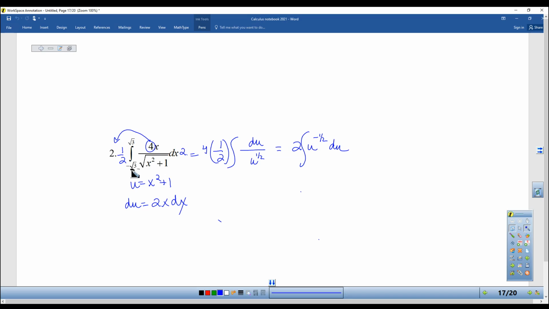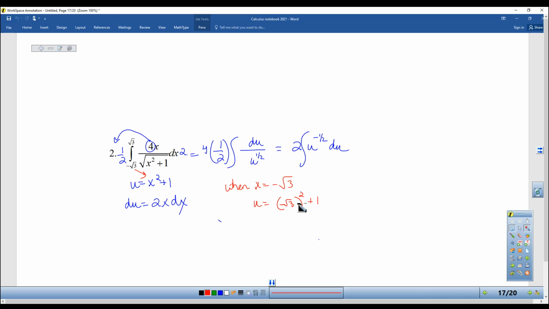So this horrible number here, the negative square root of 3, all you have to do is plug that in to figure out what u would be at that point. You want limits of integration that have to do with u. So when x is equal to negative root 3, u is equal to negative root 3 squared plus 1.